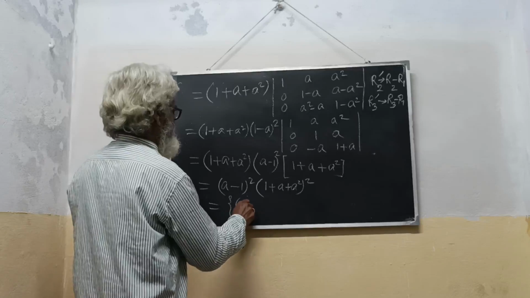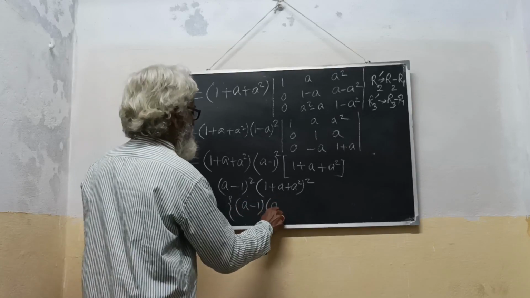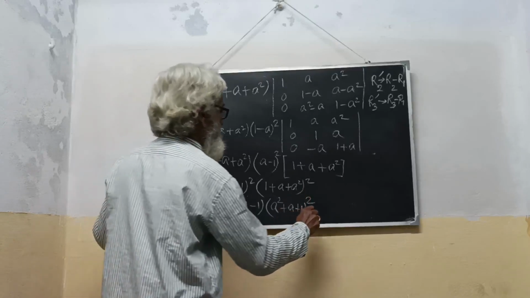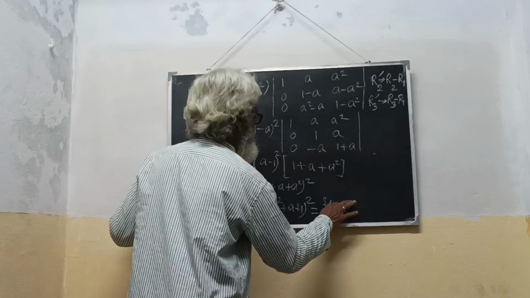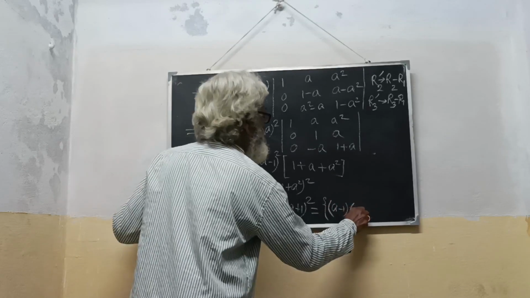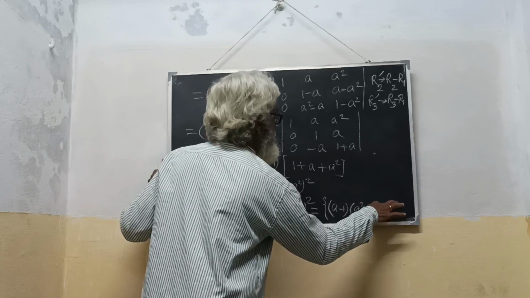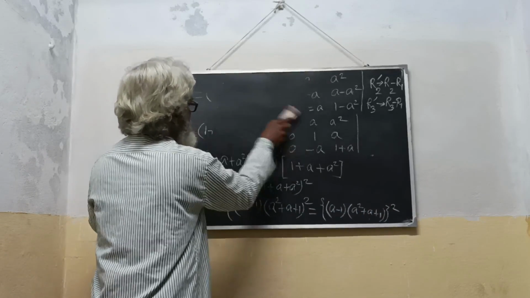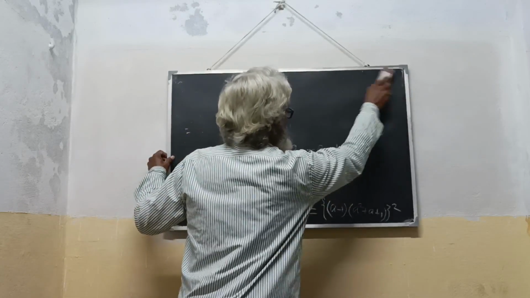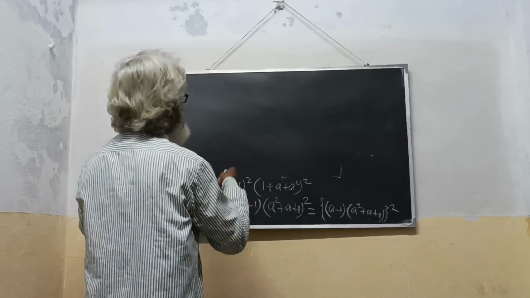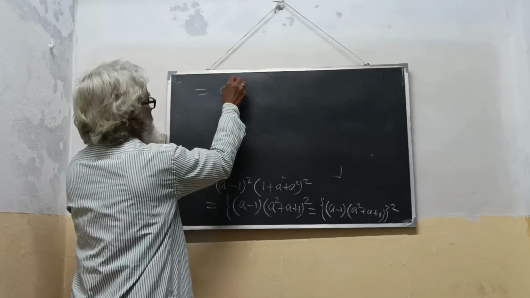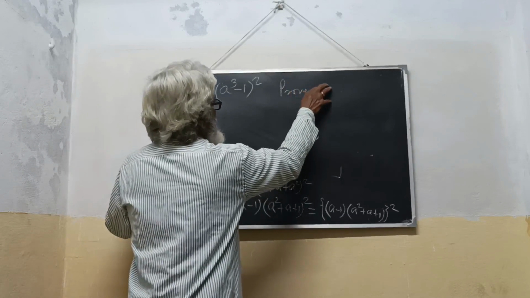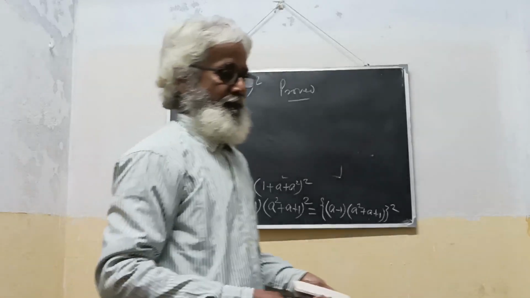So (a minus 1) (a squared plus a plus 1) whole squared equals [(a minus 1)(a squared plus a plus 1)] whole squared, and ultimately this will give you (a cubed minus 1) whole squared. Proved. Okay. Write this first.